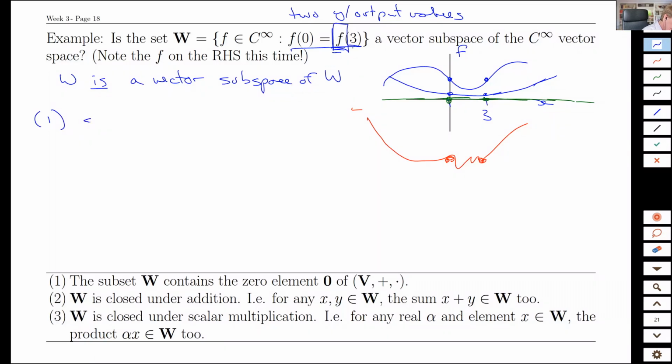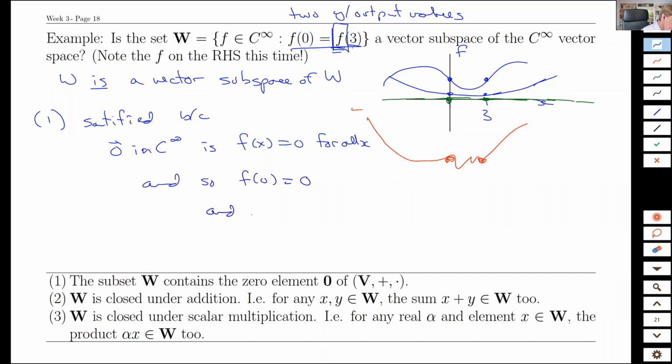One is satisfied because the zero vector in C infinity is f of x equals 0 for all x. And so f of 0 is equal to 0, and f of 3 equals 0 as well, which means that this zero vector is in W.